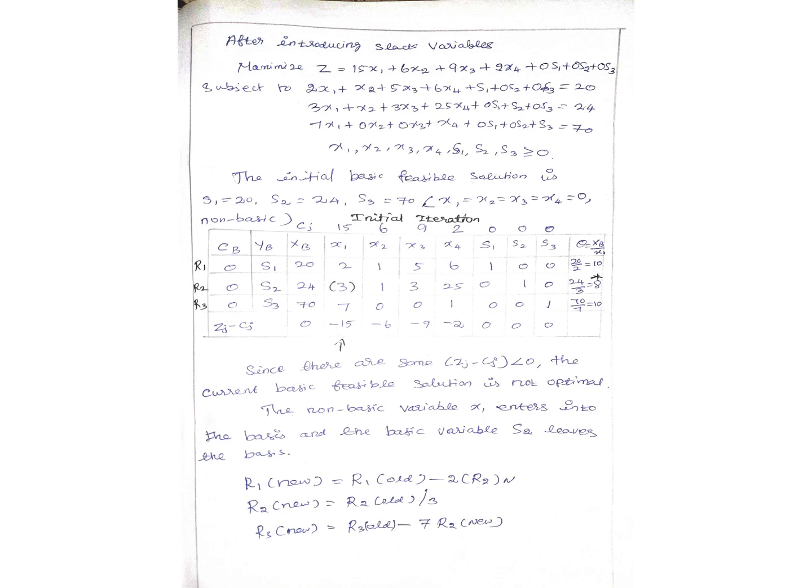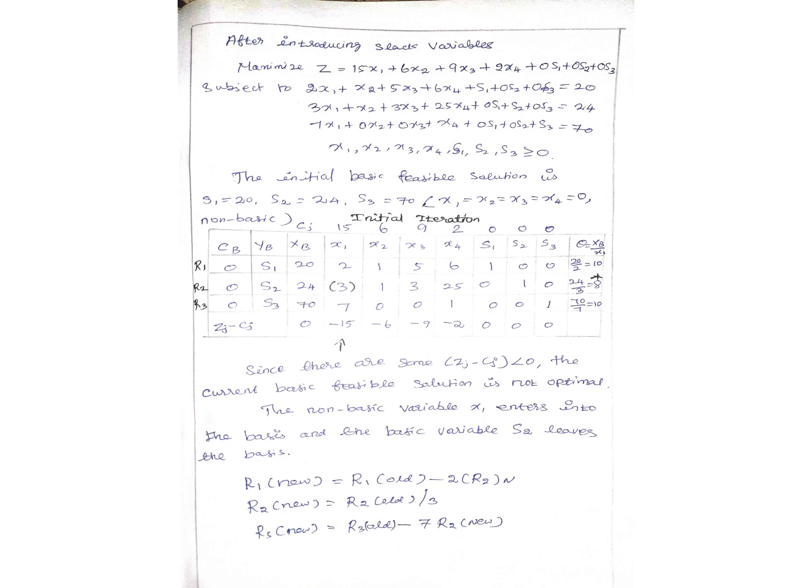In the first row, xb value is 20 and x1 value is 2, so 20 divided by 2 is equal to 10. In the second row, 24 divided by 3 is equal to 8, and in the third row, 70 divided by 7 is equal to 10. So here we take the minimum value, which is 8.